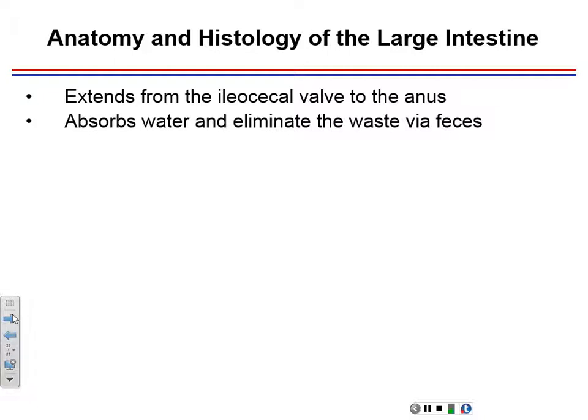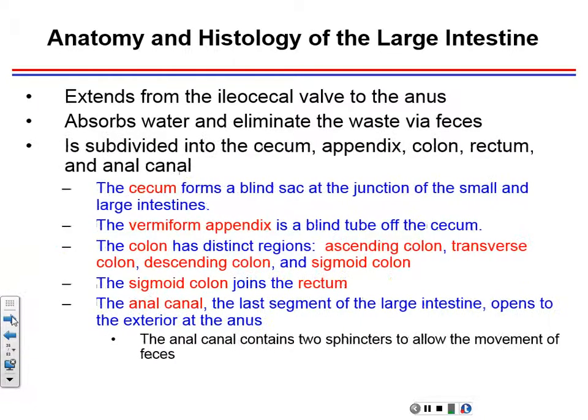So, okay, the large intestine, we may have to finish this later on, but the main function of the large intestine is to absorb the fluid, right? And then, like I said, the large intestine is separated into the cecum, the ascending colon, the transverse colon, the descending, and the sigmoid colon, and the rectum.